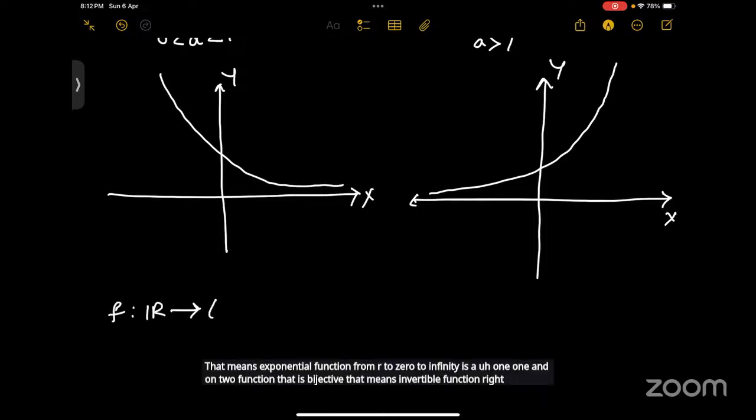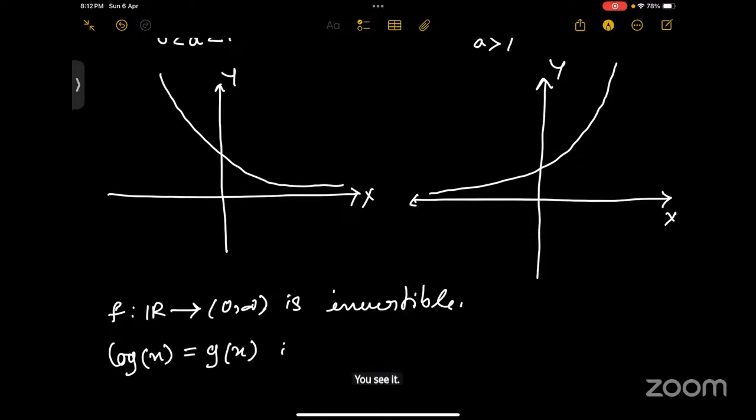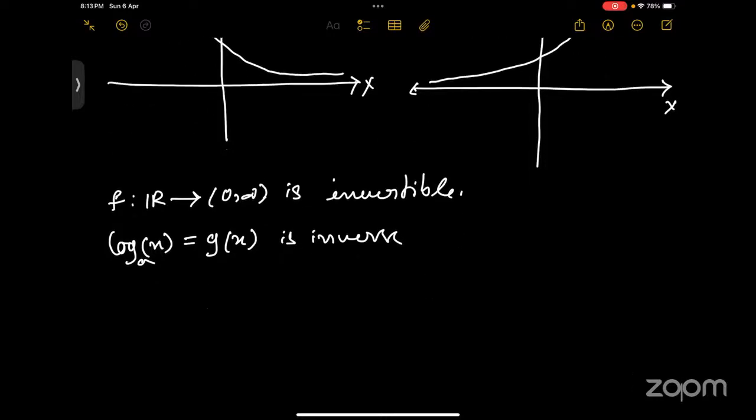And what is the inverse of this function? The log function. Correct. Log base a is the inverse.